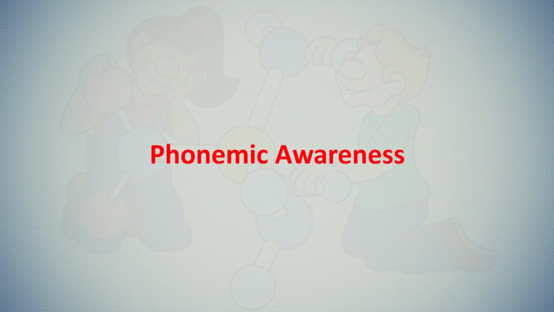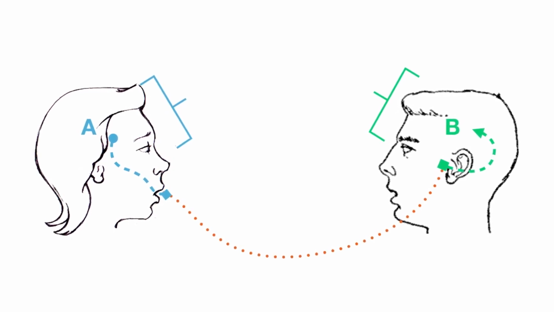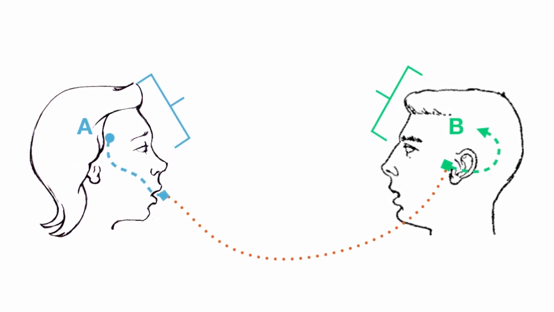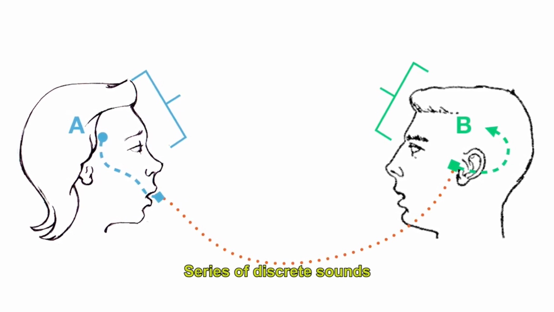The second one being phonemic awareness. This is one's ability to recognize, hear, and establish that a spoken word is made up of a series of discrete sounds. This holds good for any language that has an alphabetical writing system. A phoneme is a minute unit of sound in any language.